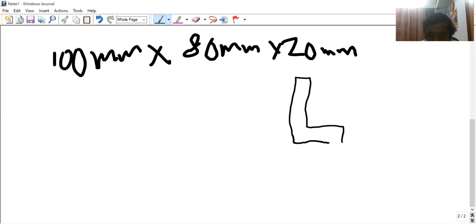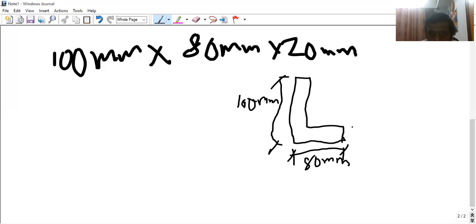This is how the diagram is, and this dimension is 100, this dimension is 80 mm, and the thickness is 20. That is the dimension. So that's what you have to know.